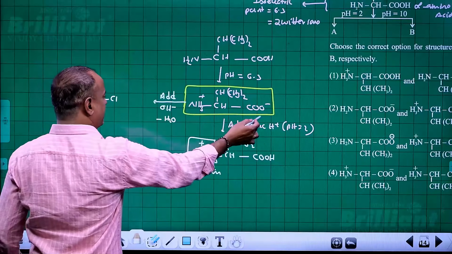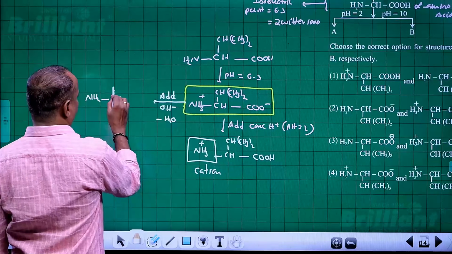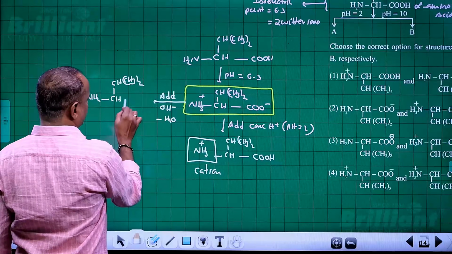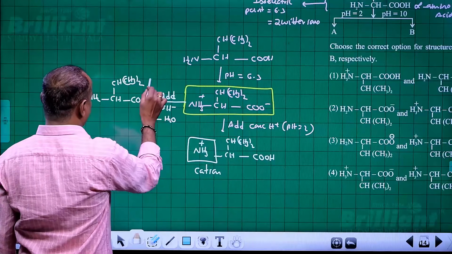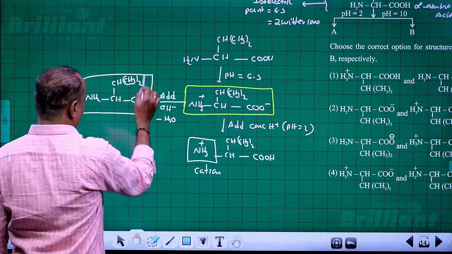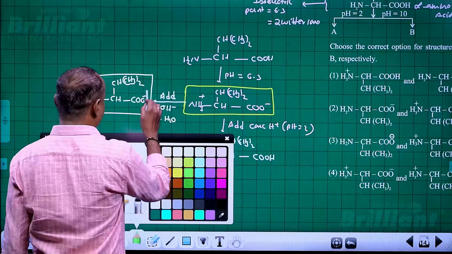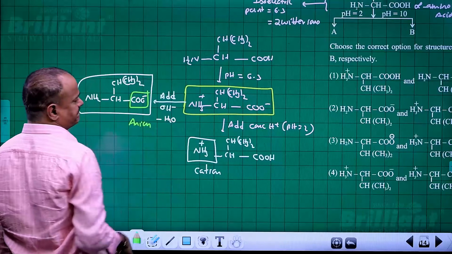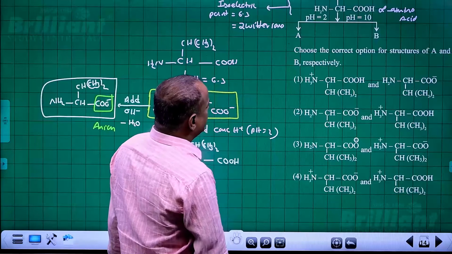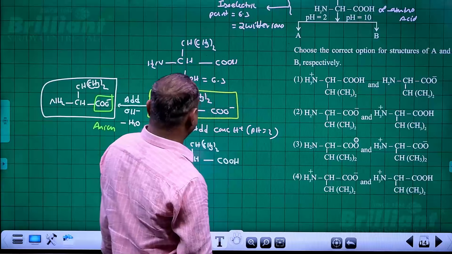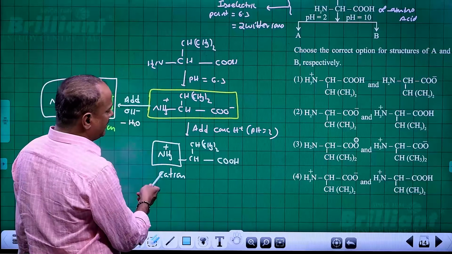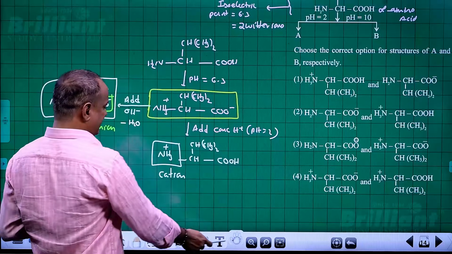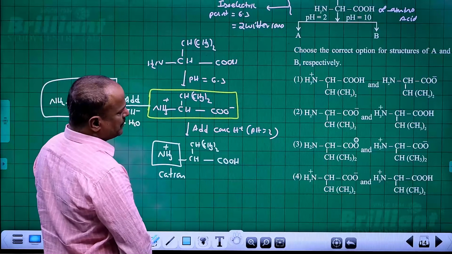This conjugate base remains the same, with COO minus called the anion, called anaphoresis. That's why, respectively, A is the acidic medium converting to the cation, the ammonium ion, and B is the anion, that is COO minus. Option 1.